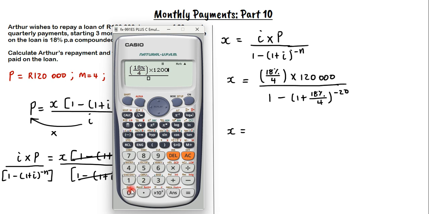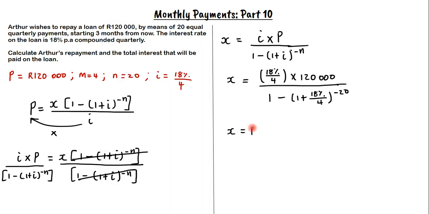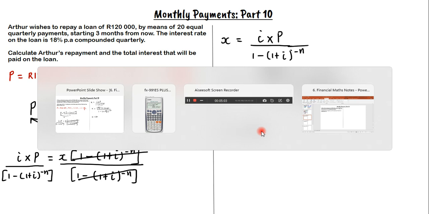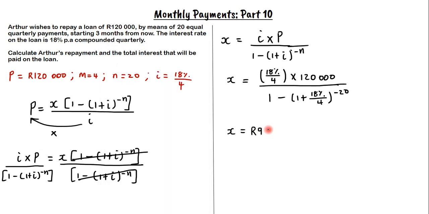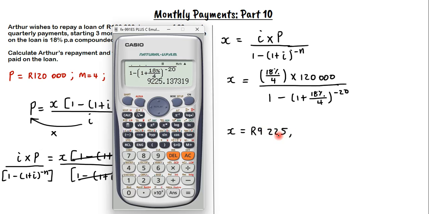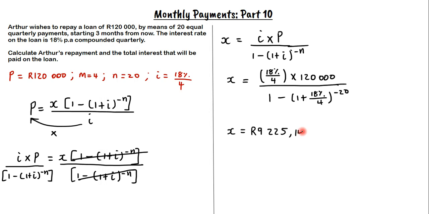Then this is multiplied by 120,000 rand, over 1 minus (1 plus 18% over 4), raised to the power of minus 20. That is the total amount that Arthur will pay every quarter: 9,225 rand 14 cents.